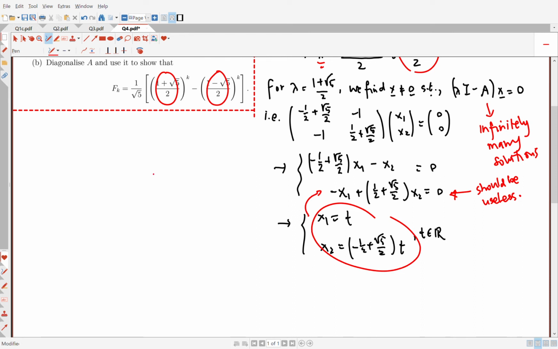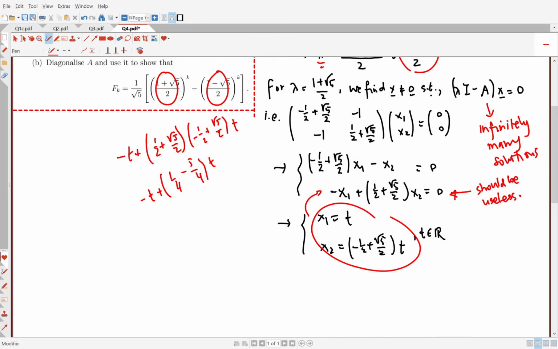So I will have minus t plus half plus square root 5 over 2 multiplied with minus half plus square root 5 over 2 t. This is a plus b, a minus b, so a squared minus b squared.